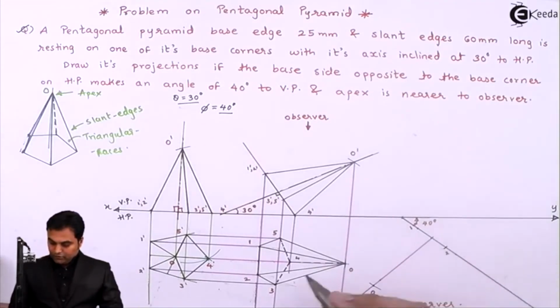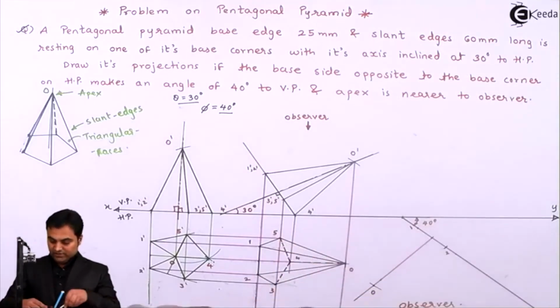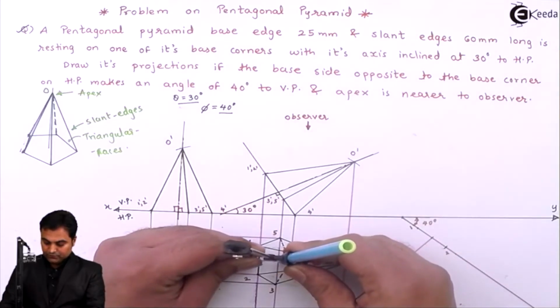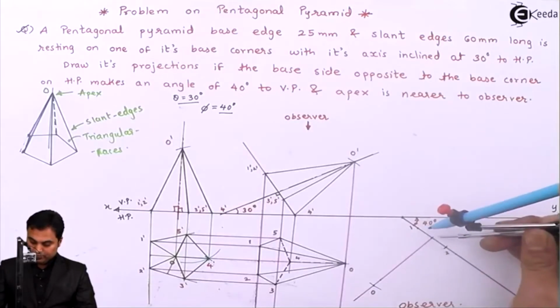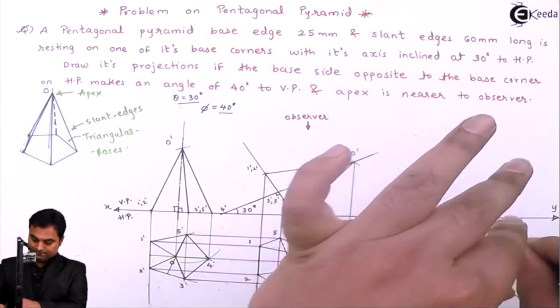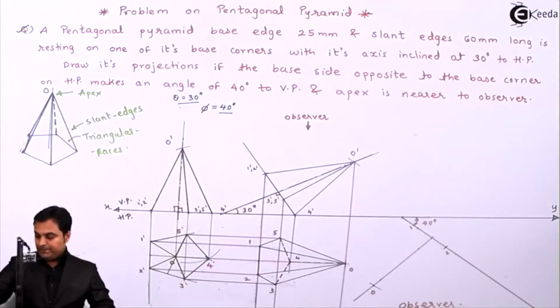Then I'll copy one of the points at a time. For 3 and 5, I will require this line, which is this pink line. So I am measuring the distance from edge 1 to 2 up to the line and going to mark it over here. Drawing a light line through this point.